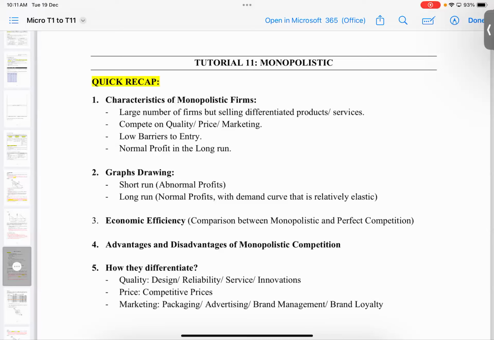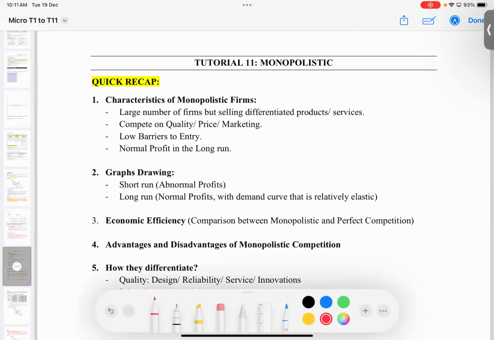Okay, so in general, when you look into monopolistic firms, basically we are referring to a market in which there are a large number of firms. There are still a lot of producers over there, but they are selling differentiated products and services. So that's the first keyword that you need to remember.